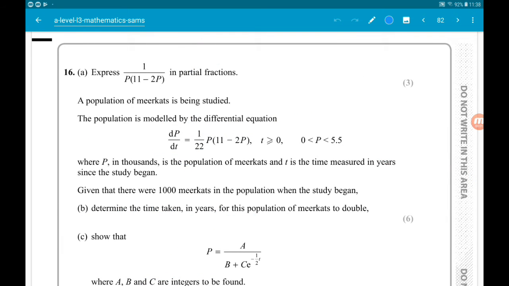Okay, finally the final question. So we want to, part A, express 1 over p times 11 minus 2p in partial fractions.